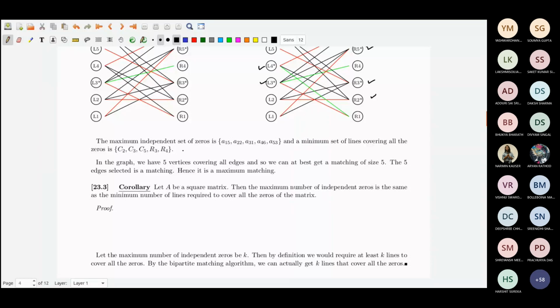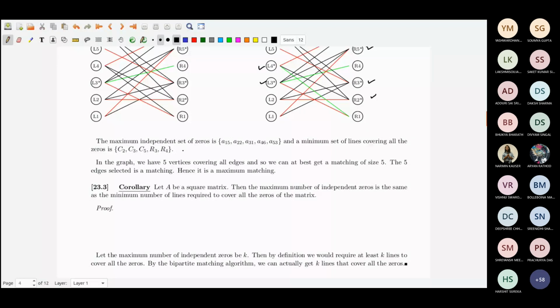Conversely, if the maximum number of independent zeros is 5, then according to this algorithm, I can actually cover all the zeros of the matrix by 5 lines, and therefore 5 is the minimum number of lines required.